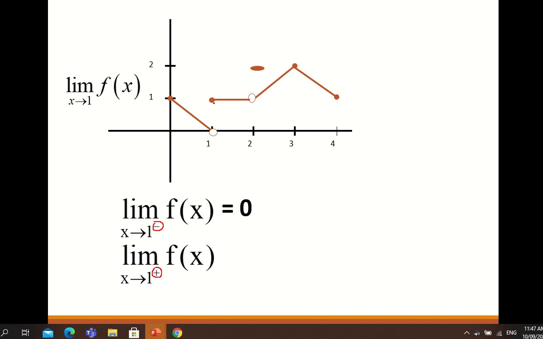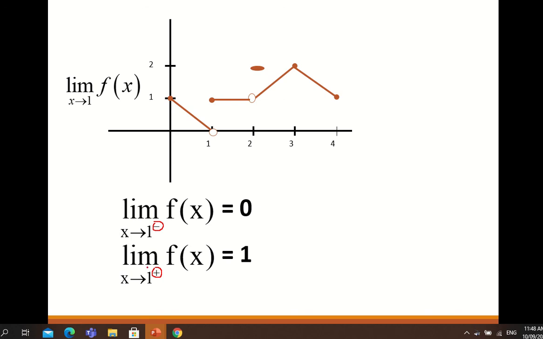Because we're approaching positive 1. Again, we're tracing coming from the right going to 1. So this is the limit. What is this value? The limit here is equal to 1.